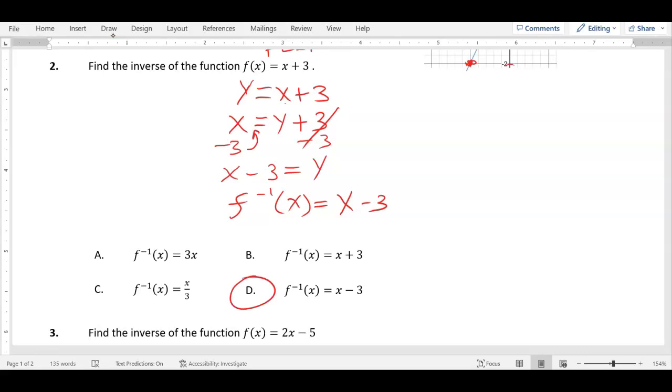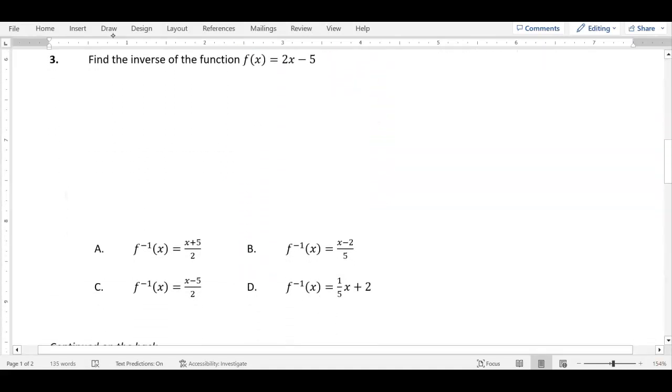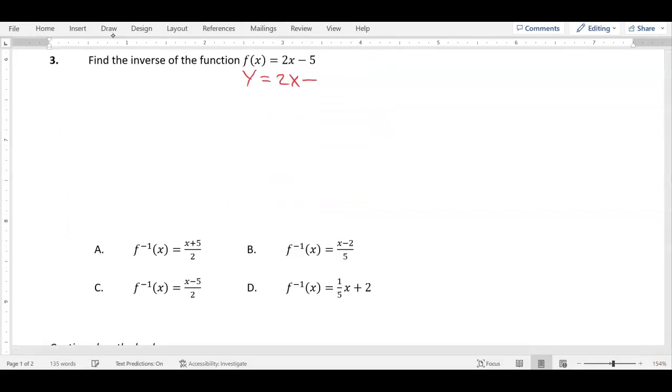So there are 4 steps. F of x turns to y, switch x and y, solve for y, and then write it in inverse notation. Let's try it again. F of x is y. That's my first step. Second step, switch x and y.